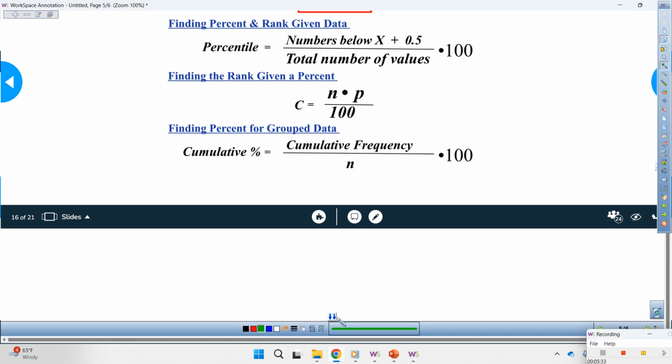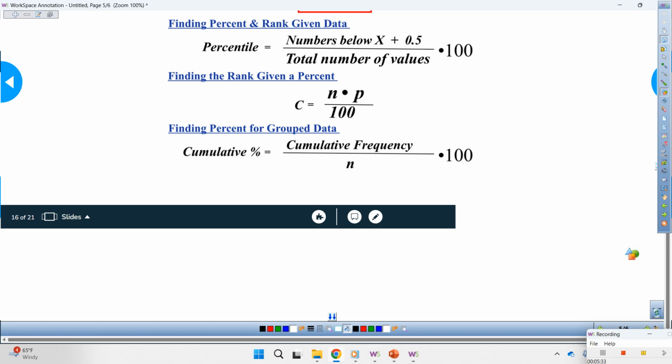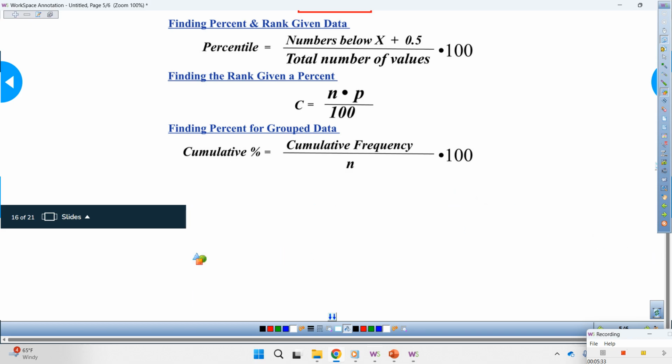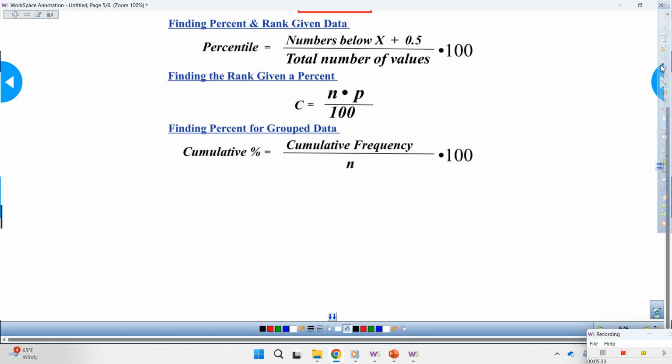Add that to your formulas. And I'm going to shorthand it. Cumulative percent, you can write it like this. CP. Cumulative frequency is C and frequency over N times 100.